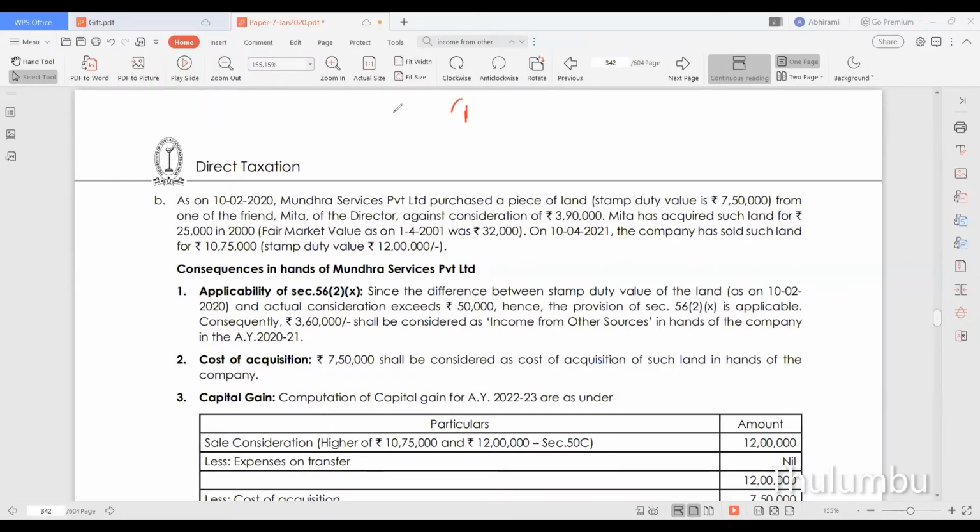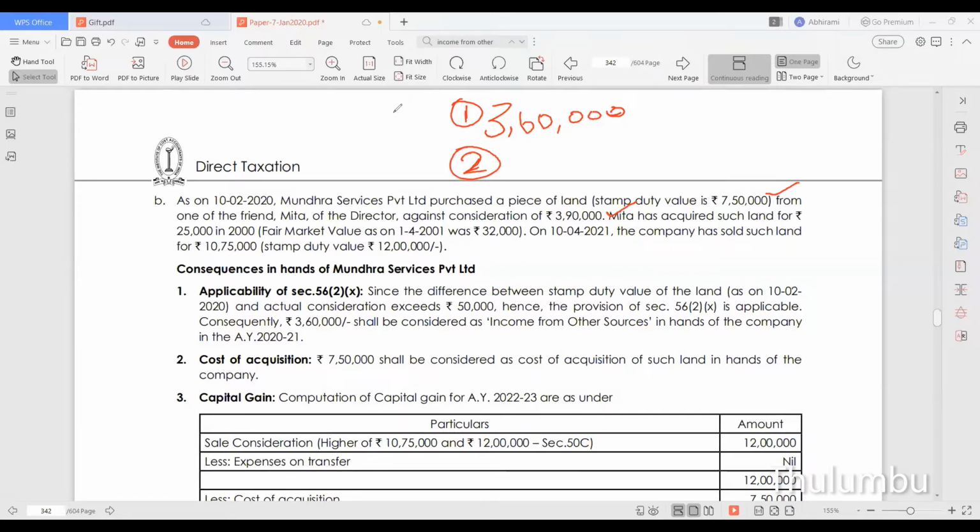So first step another, find out the difference between stamp duty value and actual consideration. So it is 7,50,000 minus 3,90,000. So it comes to 3,60,000. So it is step number 1. Then step number 2.